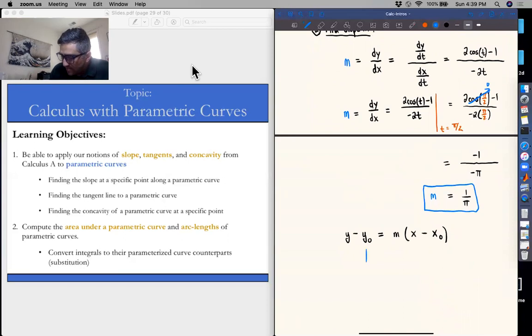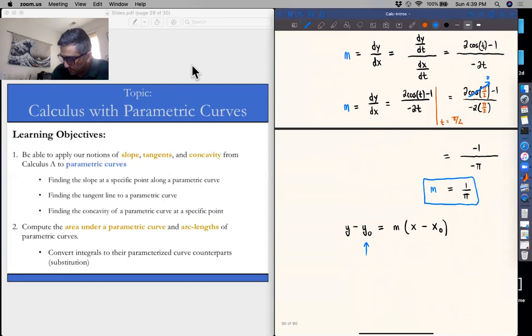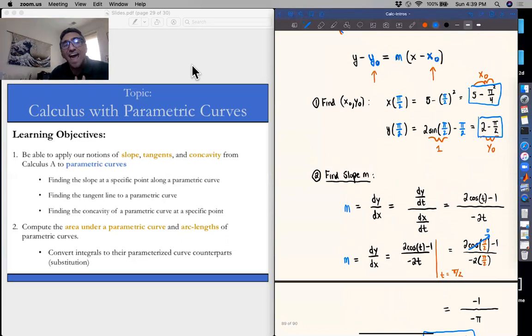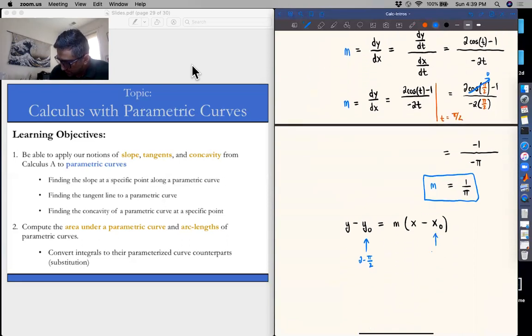And we found that y0 was equal to 2 minus pi over 2. And we found that x0, or the x coordinate value along our curve, was 5 minus pi squared over 4. And the last thing we just saw was that the slope value was 1 over pi. So for that m value, we're going to substitute 1 over pi.